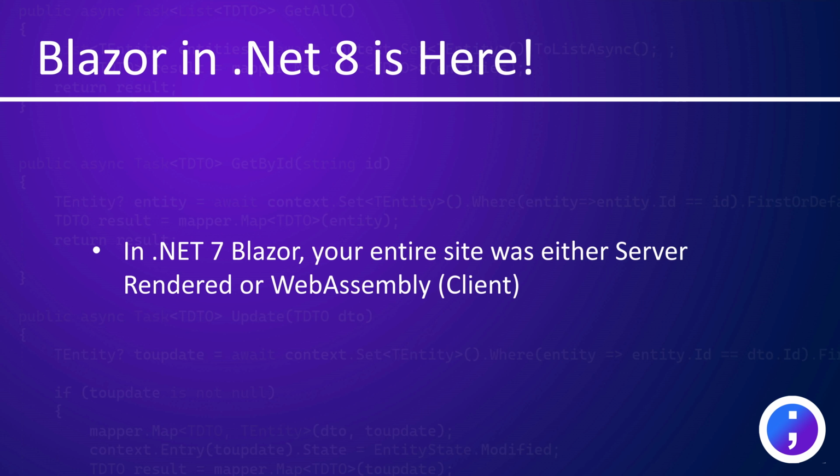Microsoft has just released .NET 8 and in Blazor there's some amazing new functionality. In .NET 7, when you created a new Blazor project, you had to decide whether your site would have interactivity provided by server or WebAssembly. And once you chose one or the other, your entire project was essentially in that mode.